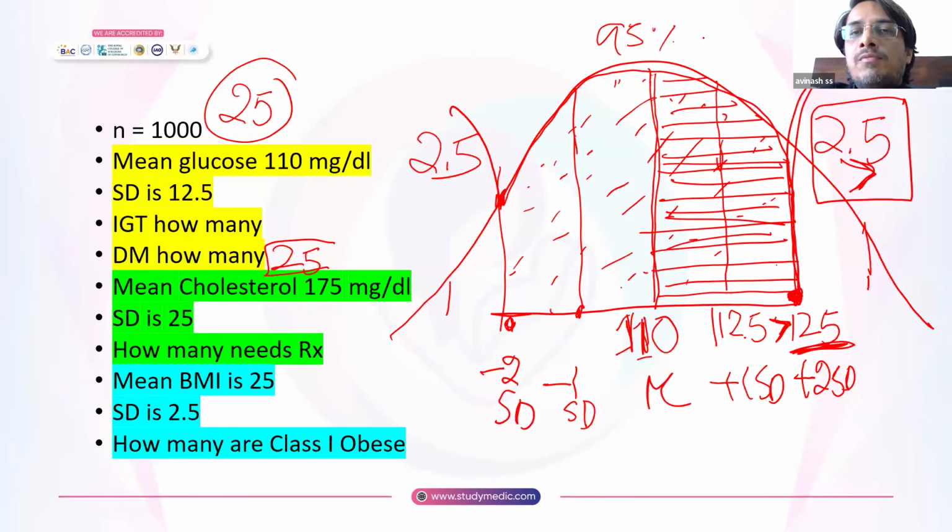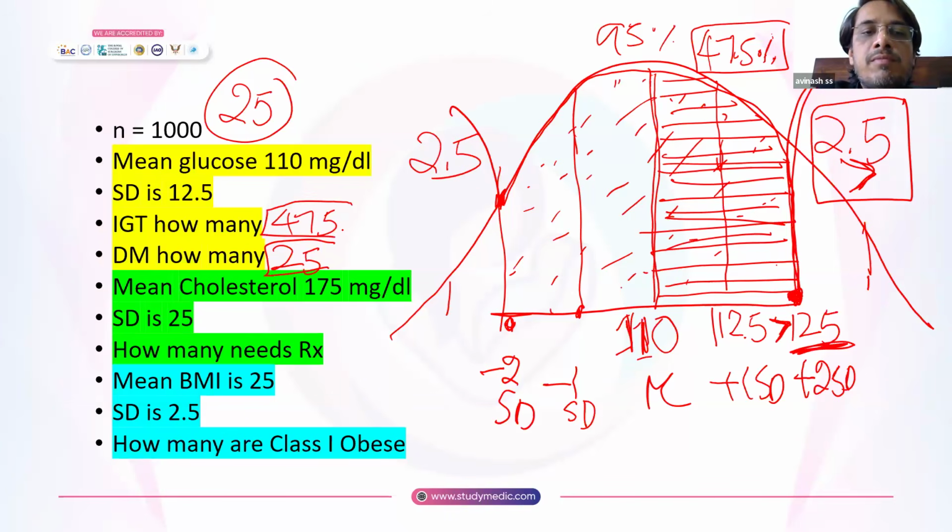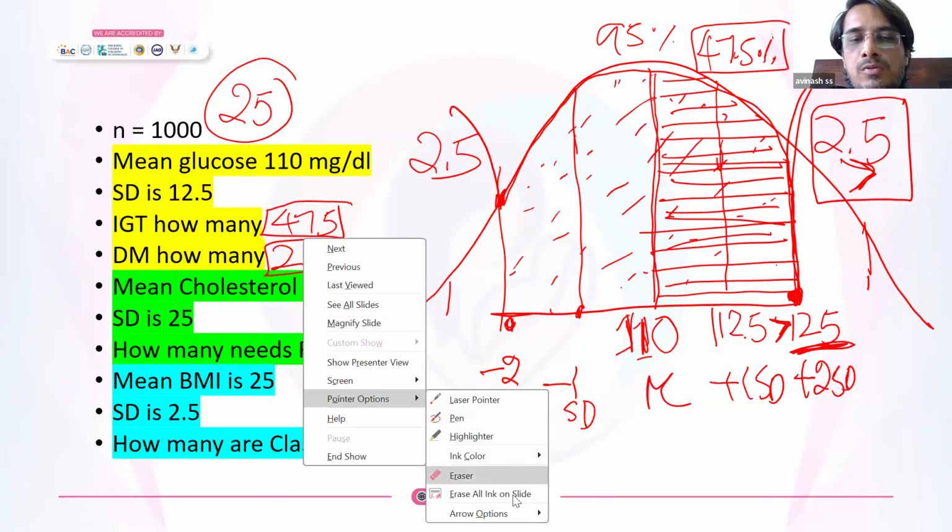So 95% half is around 47.5% of the women here are having impaired glucose tolerance. That means 47.5% of the 1000 is around 475 women in this population are suffering from impaired glucose tolerance.